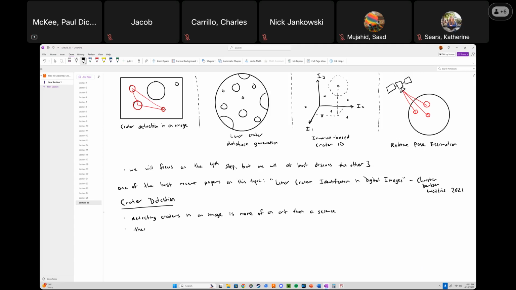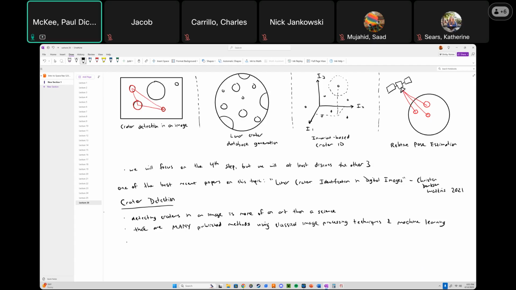There are many, many published methods using classical image processing techniques and machine learning. And this is an area of active research. People are still looking into this.